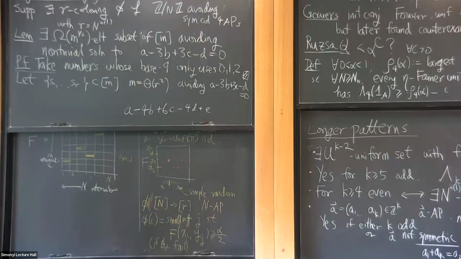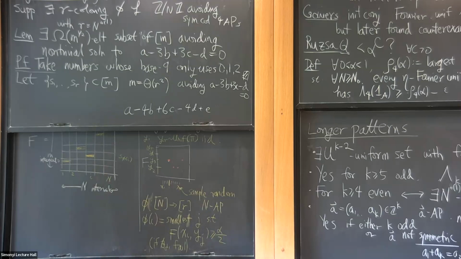I feel like that should be not as impossible as 3 APs with square common difference. Right. No, I think 3 APs with square common difference is much more difficult. I need to think about that. I don't have an answer.